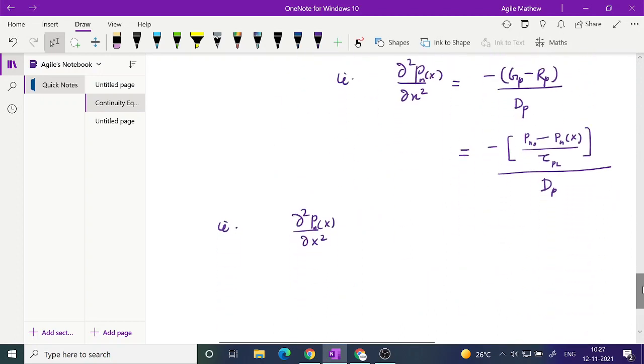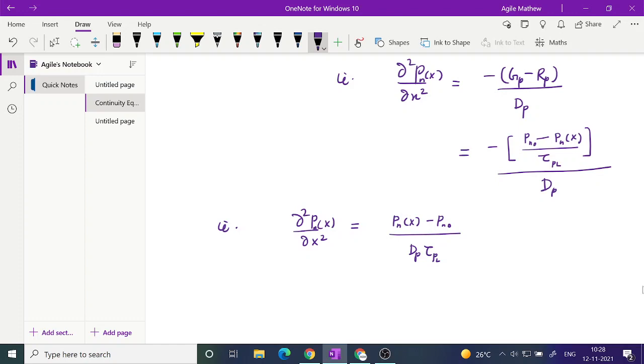Okay, so this is equal to, now if I absorb the minus sign, Pn of x minus Pn0 divided by dp tau PL.